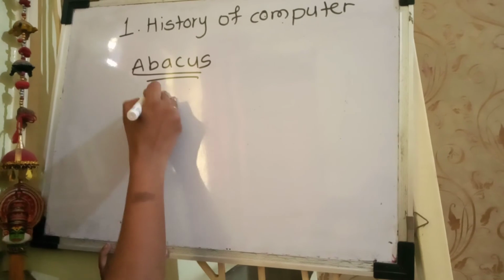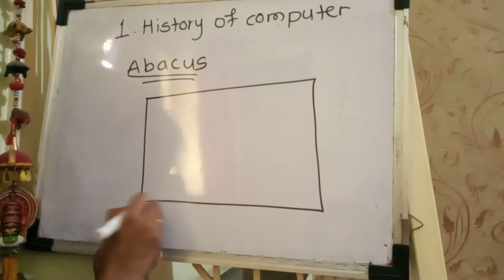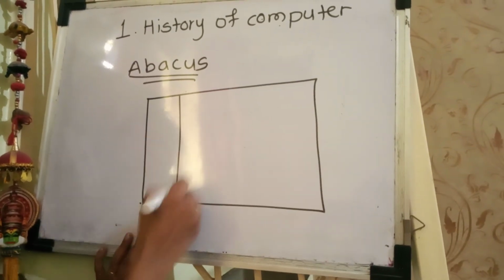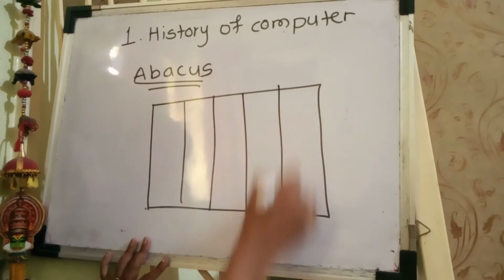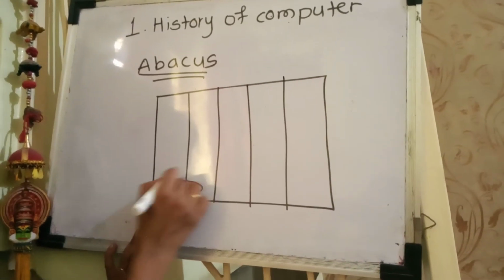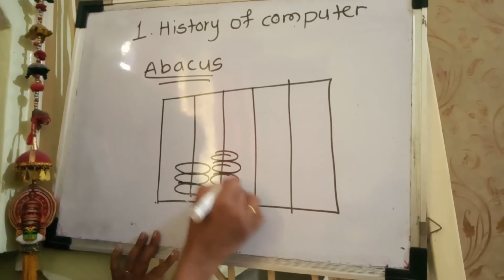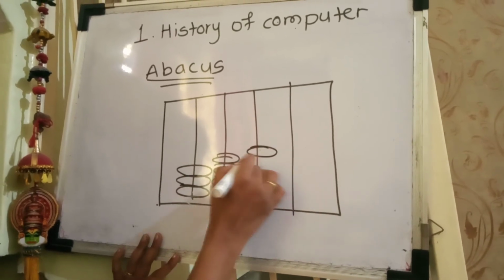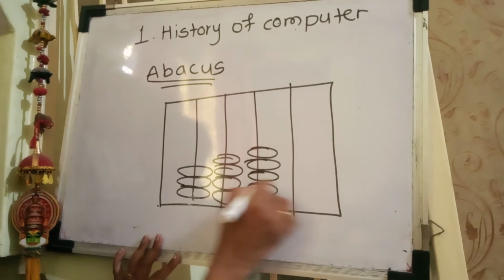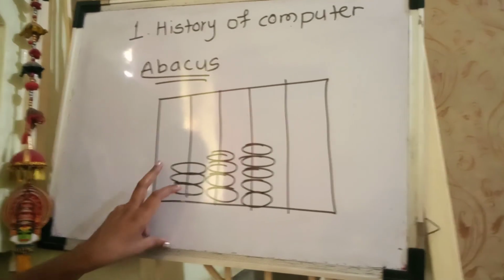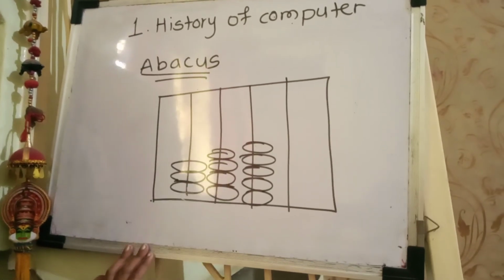The abacus looks like this. Some beads are here. See, these are the beads. We are using these beads for the calculation.